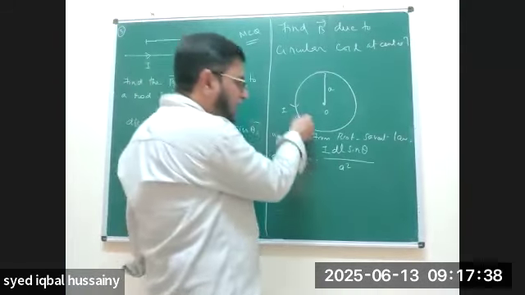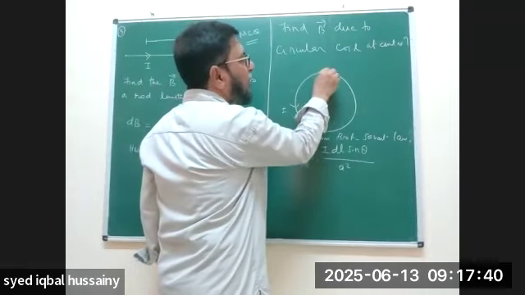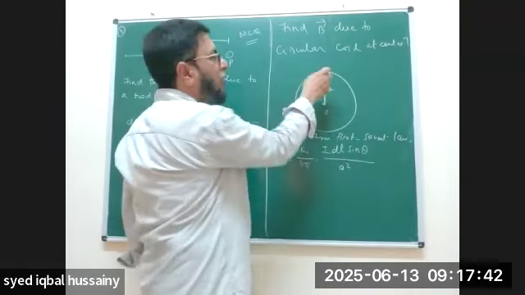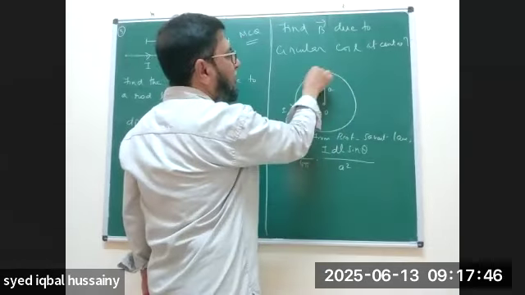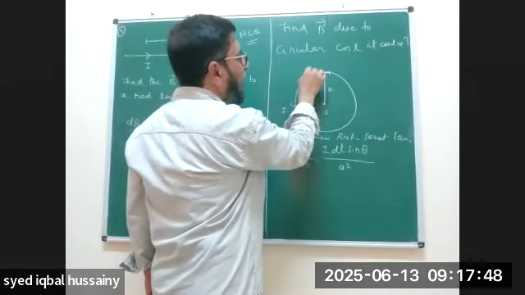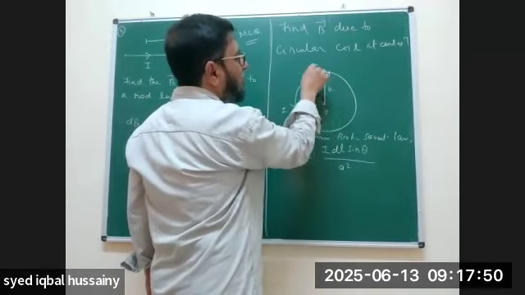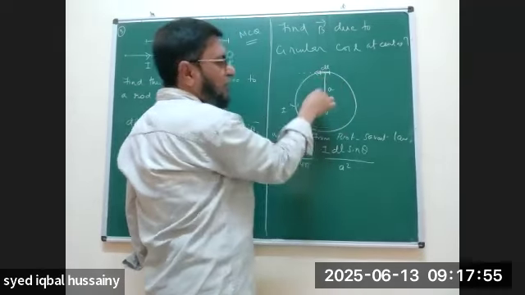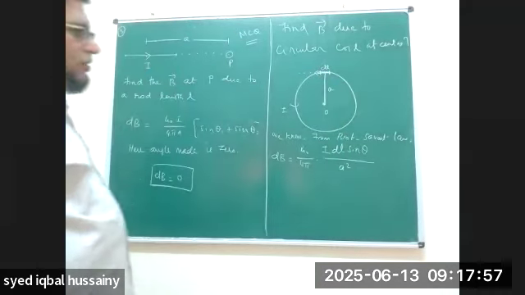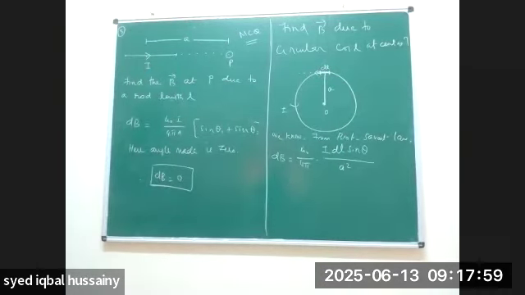Now imagine that the current is moving like this. I'm going to consider the smallest element, this part, a small element. The current is flowing like this. The distance of this element is this, and this is dL. dL is going in this direction and R is in this direction. So it is 90 degrees, perpendicular. dL cross R is perpendicular.